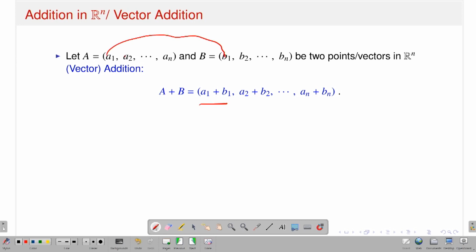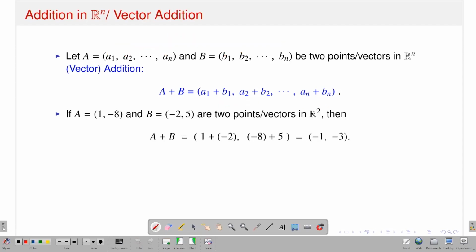Then the second coordinate is A2 added with B2. Then the nth component is An added with Bn. This is coordinate-wise addition. A plus B equals A1 plus B1 as the first component, A2 plus B2 as the second component, and An plus Bn as the nth component.